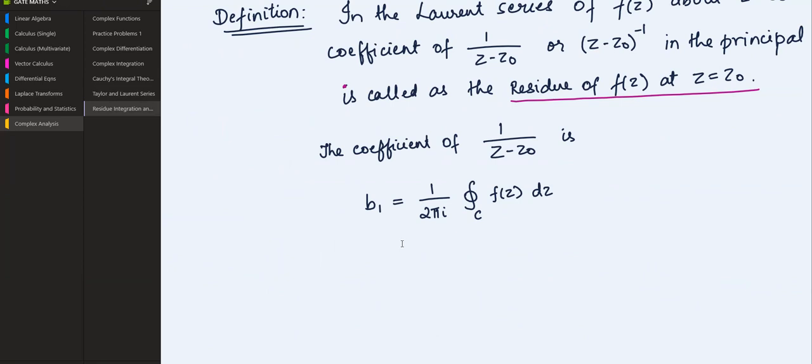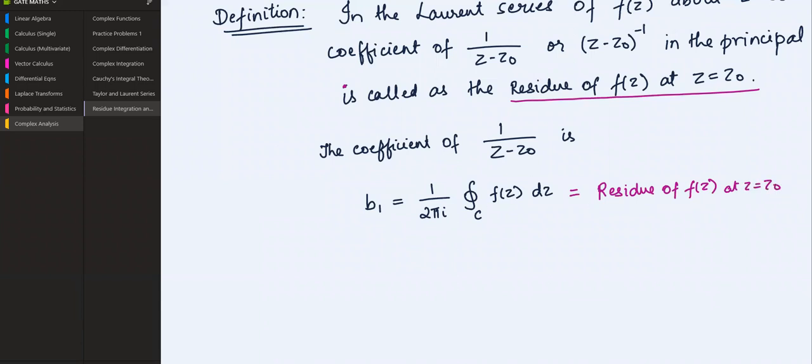So this B1 is called the residue. This is equal to the residue of f of z at z naught.